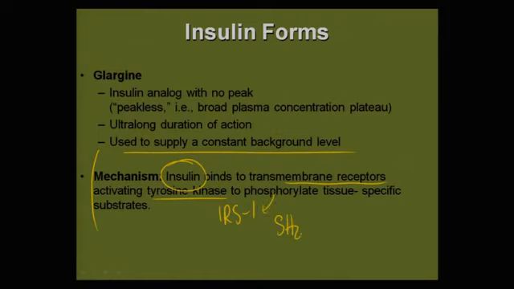of SH2 domain proteins, which once themselves phosphorylated result in all kinds of changes in enzyme activity, with particularly the activation of phosphatases, so that enzymes that are rate limiting in pathways are generally dephosphorylated by the presence of insulin to be either turned on or turned off, and also some changes in gene expression.